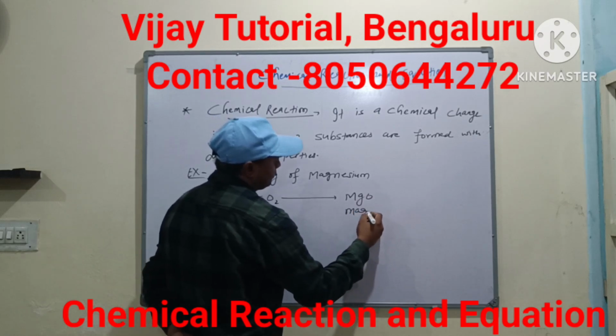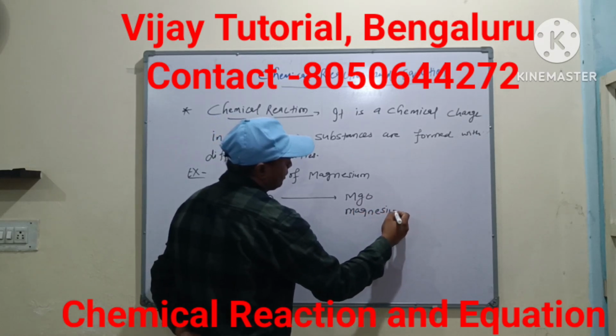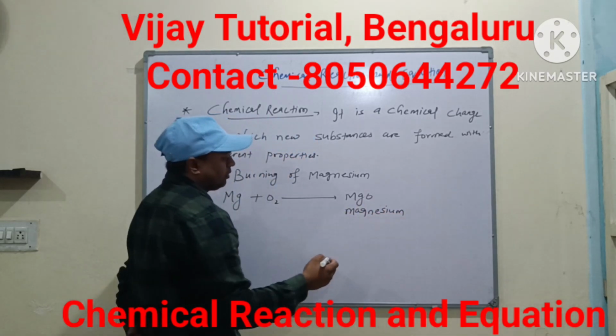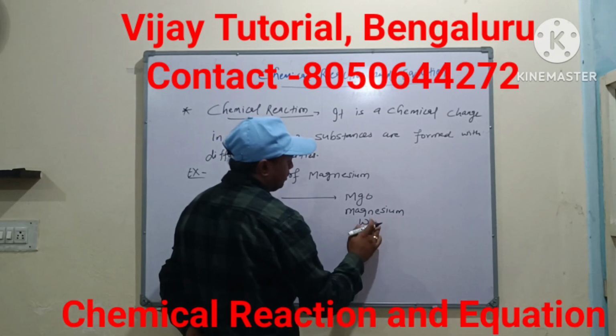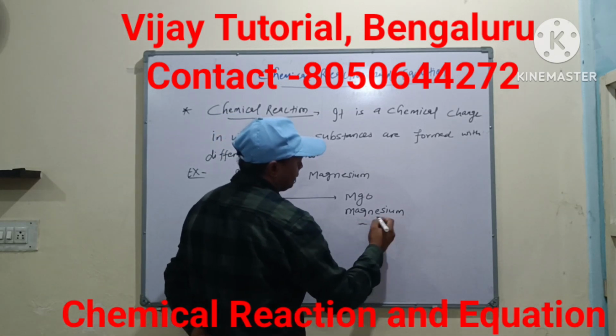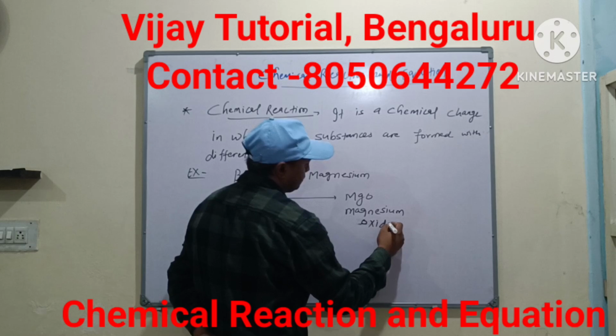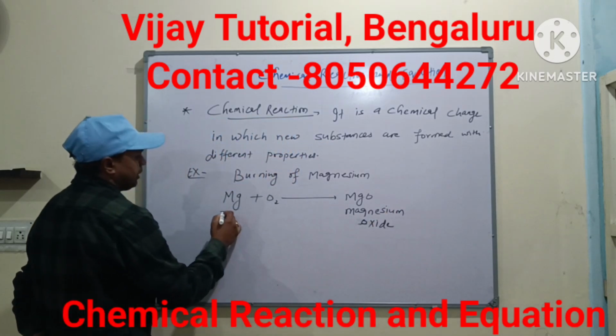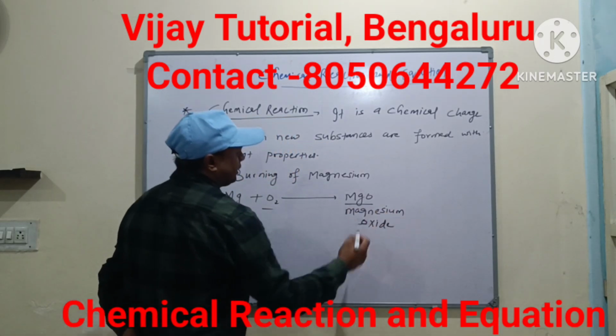Magnesium oxide is a white powder. Magnesium burns with oxygen and gives you magnesium oxide.